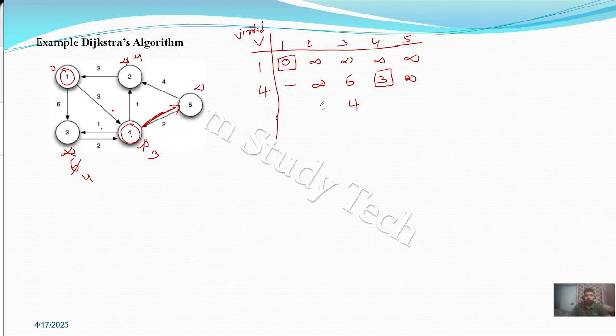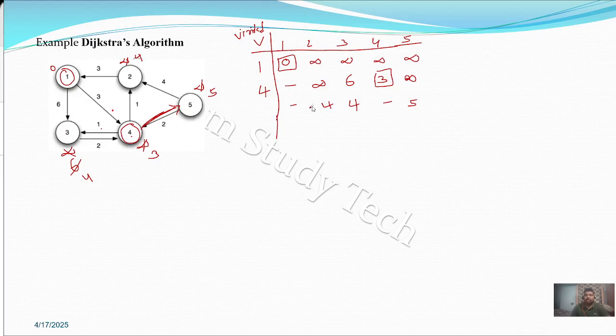So 4 to 2, that is 3 plus 1, that is also 4. So here it is 4 to 5, that is 3 plus 2. Already infinity is there, 5 is the minimum, so you can update it. And 4 is already a visited vertex, no need to find the distance here.